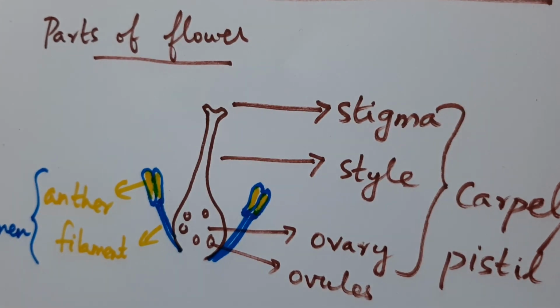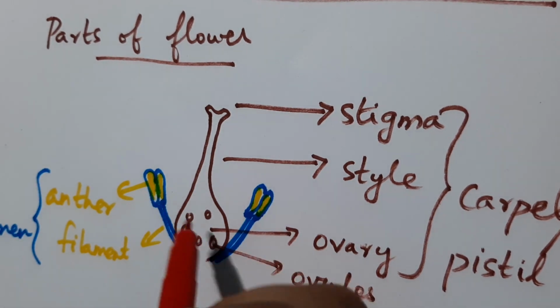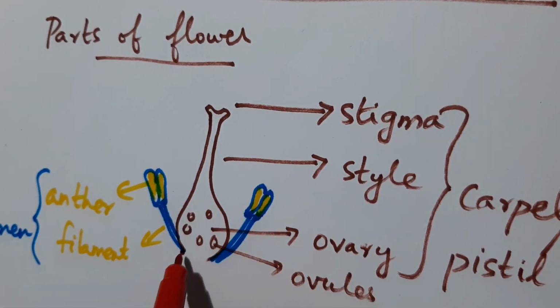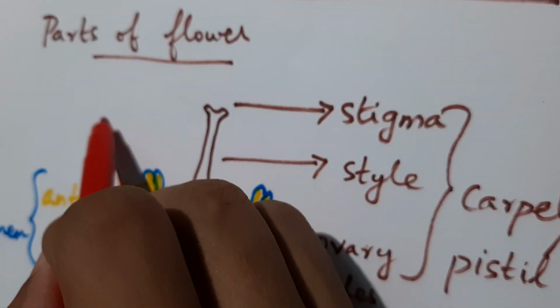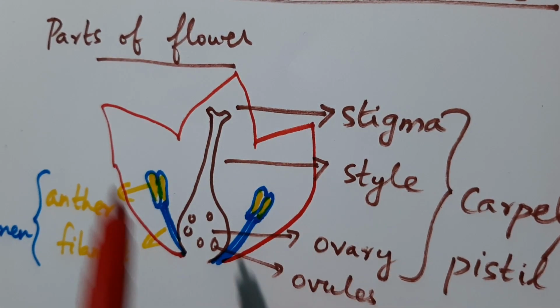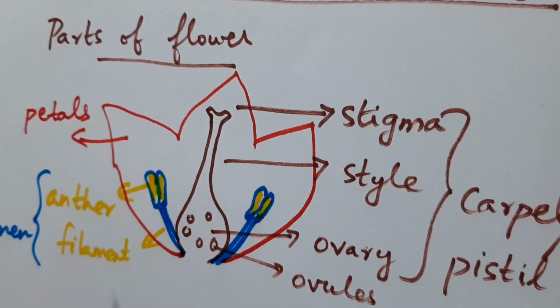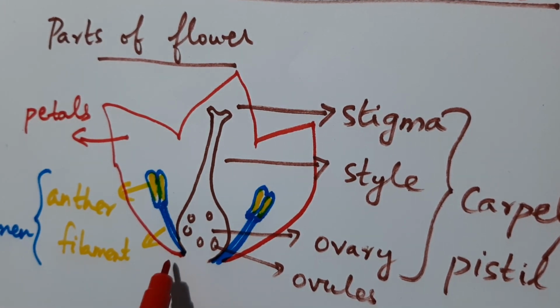After the stamens, the next whorl is the petals. So, from the outer part of the stamen, from the base, we can start the petals. So, this will be the petals.